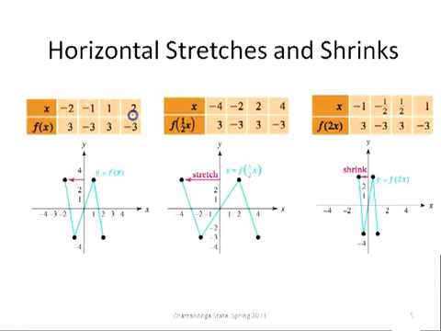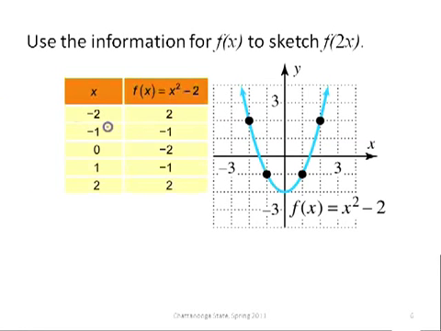Here, when the x's start out as -2, -1, 1, and 2, if I adjust this and I want to graph f of 1/2 x, it actually forces my x values to be multiplied by 2, multiplied by the reciprocal of the value you see in here. So here the x values double, which results in a stretch. And here the x values actually are cut in half, which is a shrink.